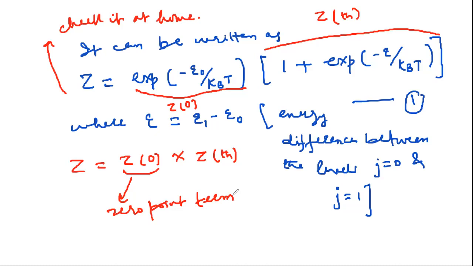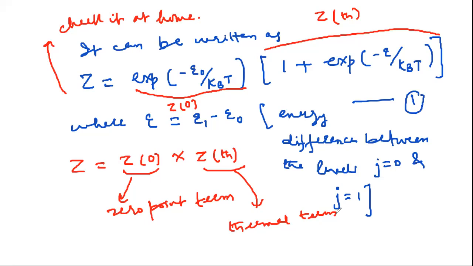But Z of TH, which we call the thermal term, depends only on the relative energy epsilon between the two levels.